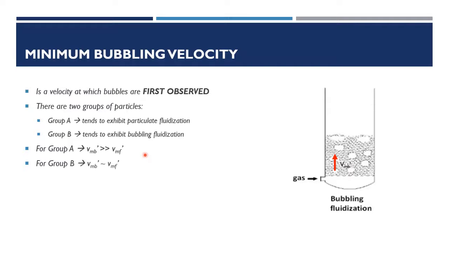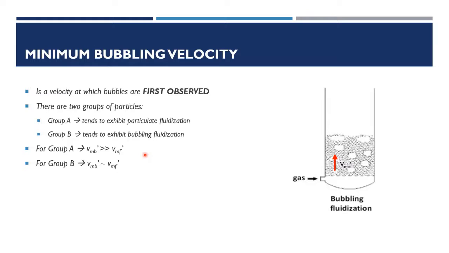While for group B, the velocity for minimum bubbling is a little bit equal to the minimum fluidization velocity, because group B tends to exhibit bubbling fluidization.